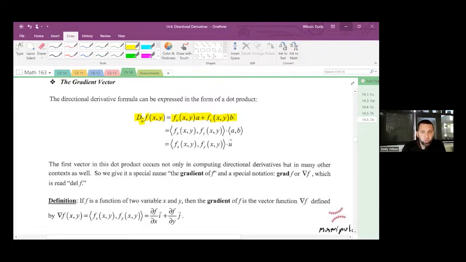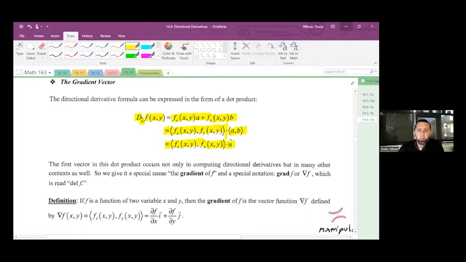And you'll notice that we could write this as the dot product of the partial derivative with respect to x, comma, the partial derivative with respect to y, dotted with a, b. That is, partial derivative with respect to x at x, y, comma, partial derivative with respect to y at x, y, dotted with the unit vector u.